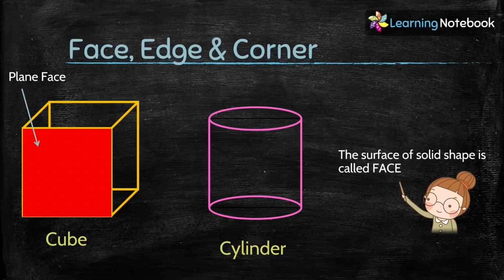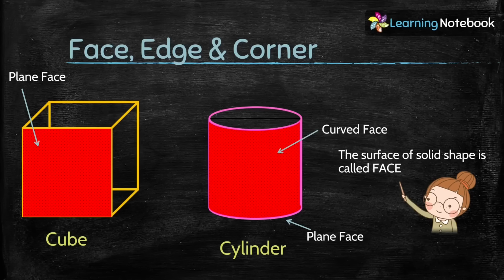Like in a cube, surface of a cube is a plane face as shown here. And in case of cylinder, the bottom surface is a plane face, whereas the curved surface of the cylinder is an example of curved face. So this is the difference between plane face and curved face.